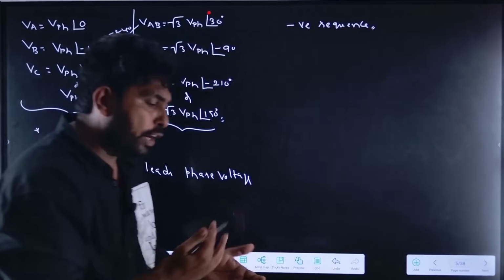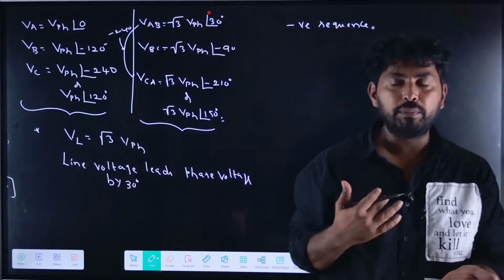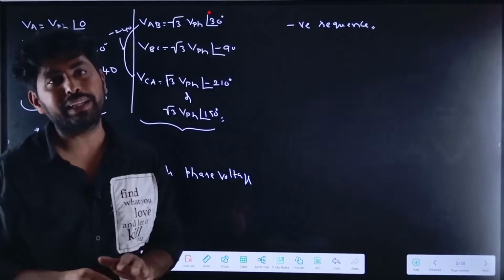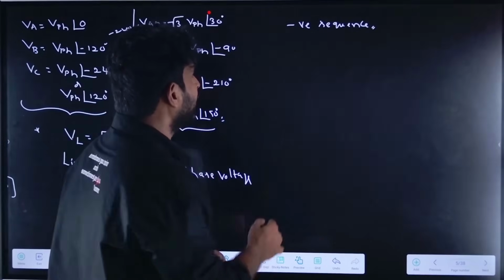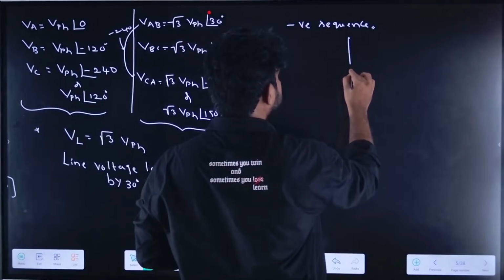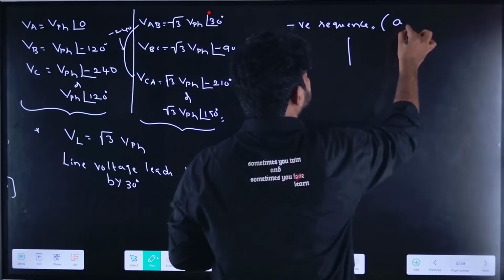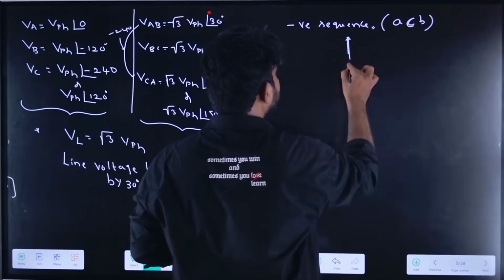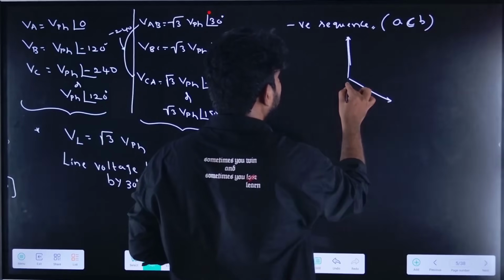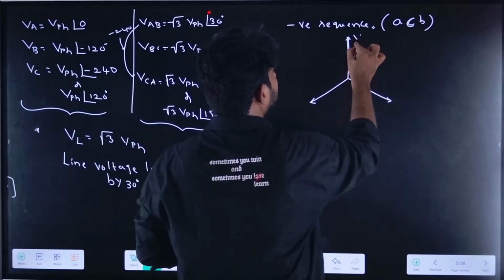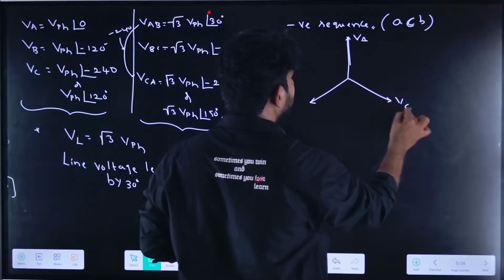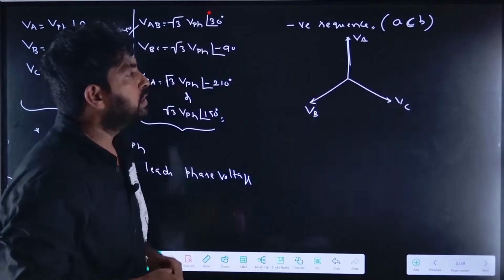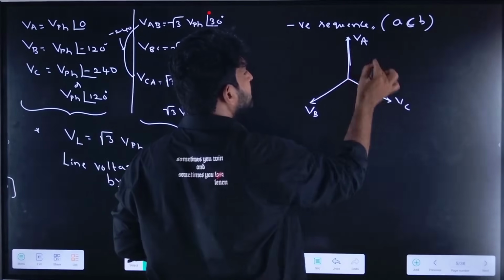We found for the positive sequence that the line voltage leads the phase voltage by 30 degrees. Now let us find for the negative sequence. Negative sequence is nothing but A, C, B. The first phase will be A, then the C phase and the B phase. VA, VC, and VB.